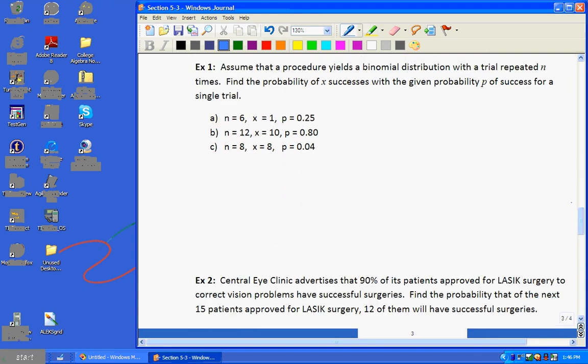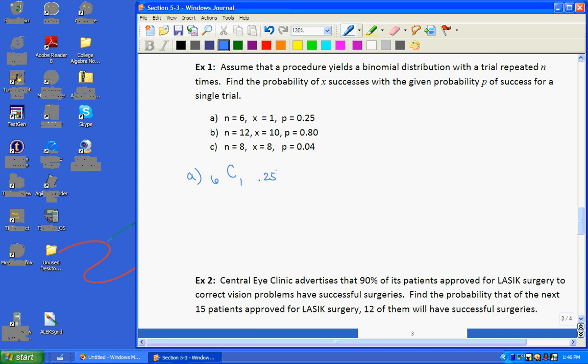Let's try that out here. So example 1. The directions here are basically saying you have a binomial probability distribution. And they're telling you in each one the number of trials, the number of successes, and the probability of a success. So let's take a look at A. If I were to set this up, I could say 6 for n, choose 1. So out of 6 trials, I want 1 success.